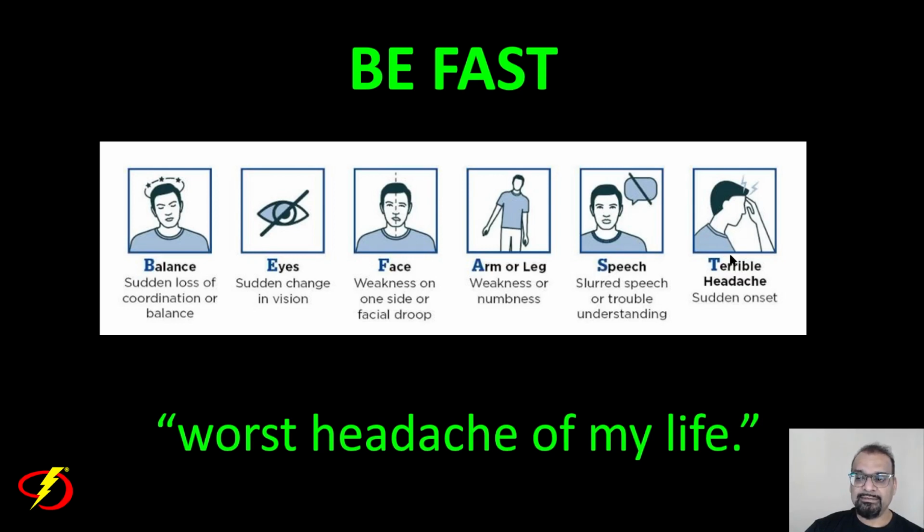Now, the T typically stands for time to dial 911, but if we make T terrible headache, sudden onset of a terrible headache, now we can include a ruptured brain aneurysm or hemorrhagic stroke in this ischemic stroke mnemonic. In fact, this terrible headache, remember, is described as the worst headache of my life.